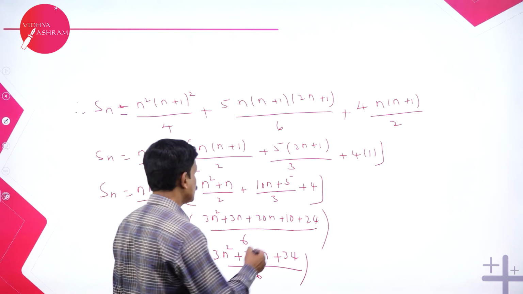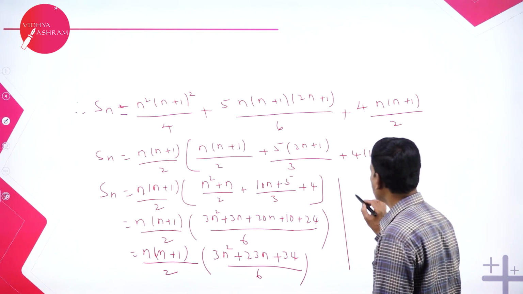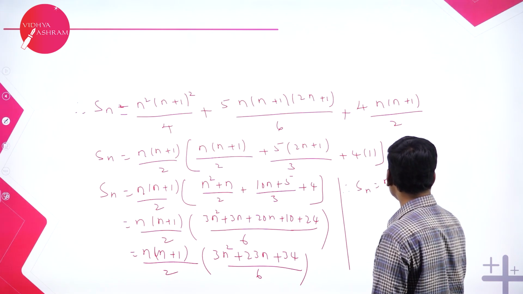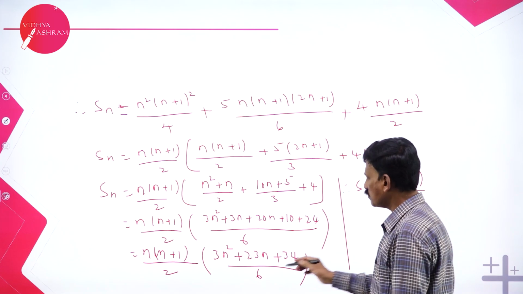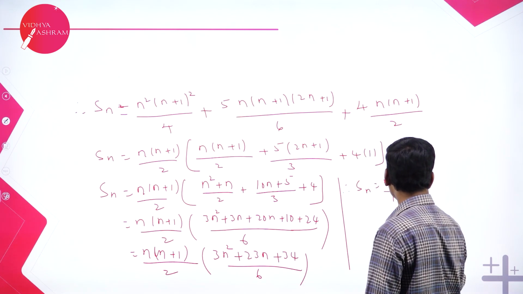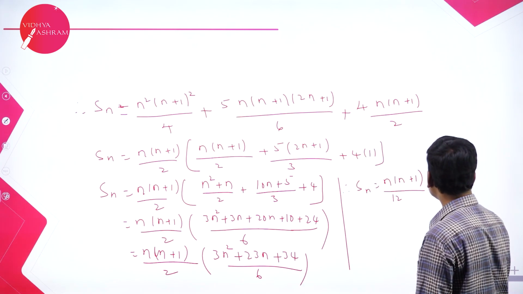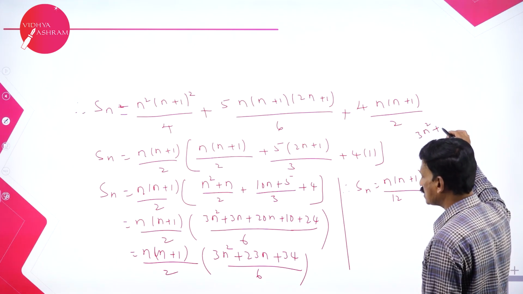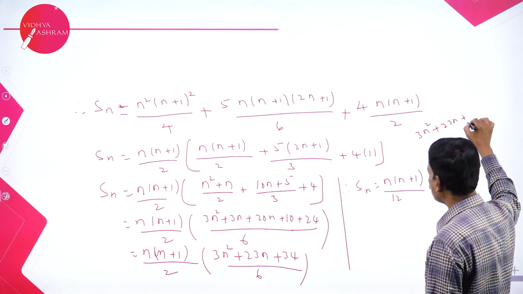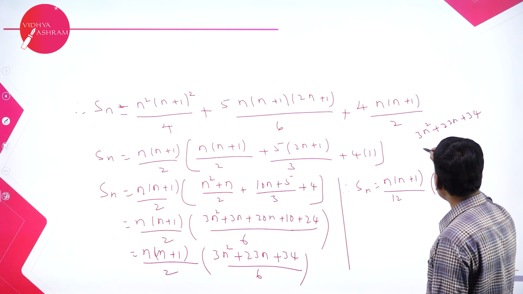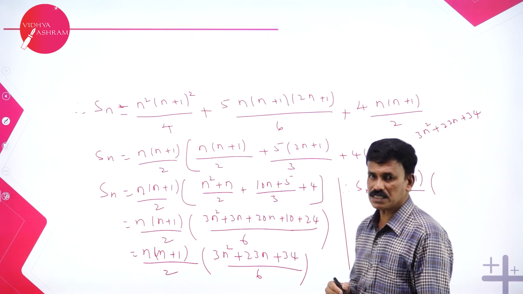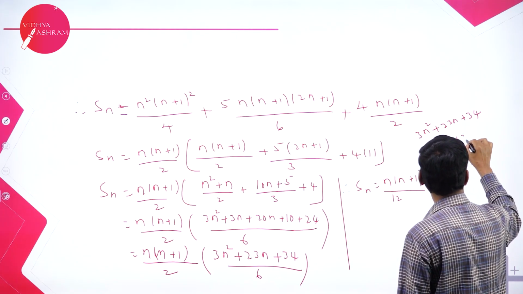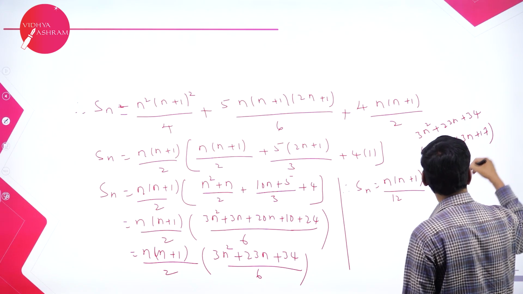So this can be written as, therefore, Sn is equal to n into n plus 1 divided by 6 2s are 12 times the factors for 3n square plus 23n plus 34. If you factorize this, you are going to get the factors as n plus 2 into 3n plus 17.